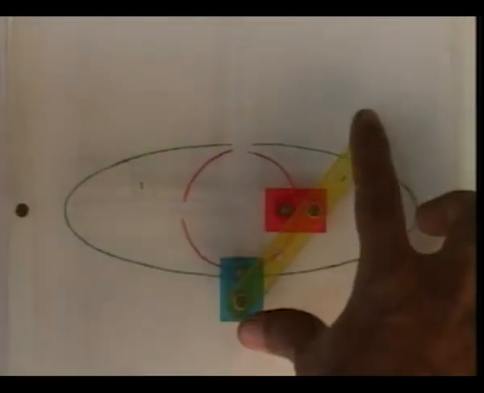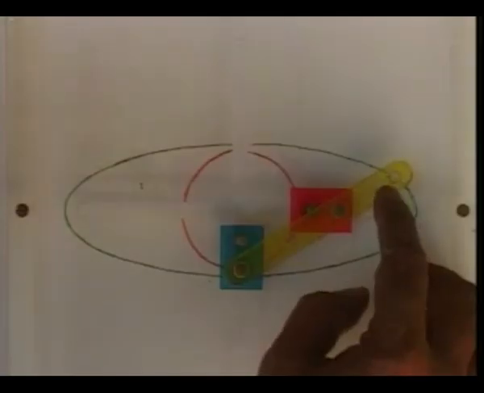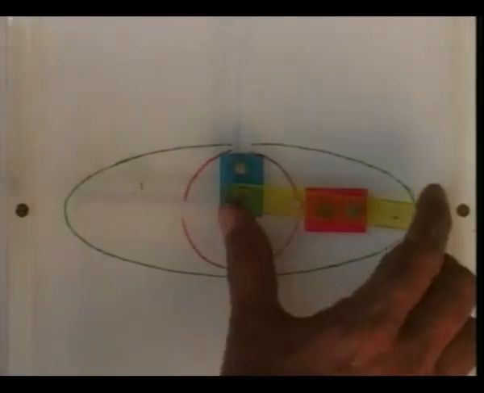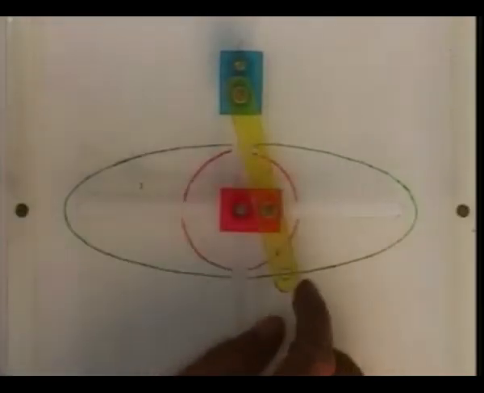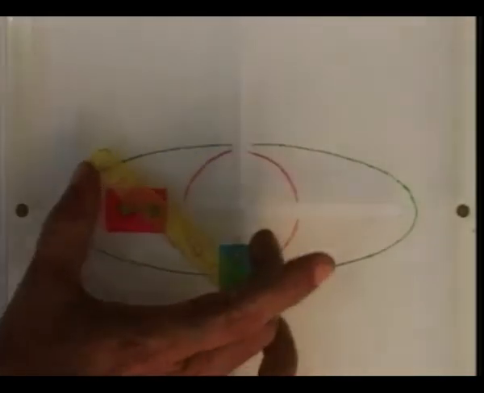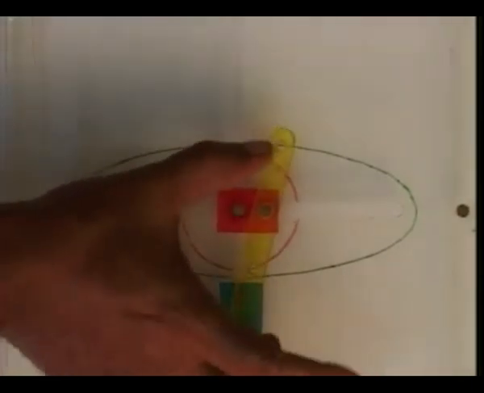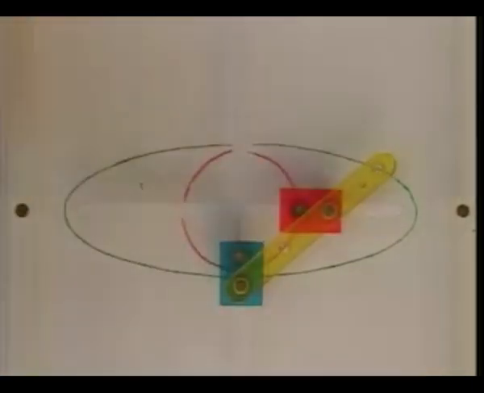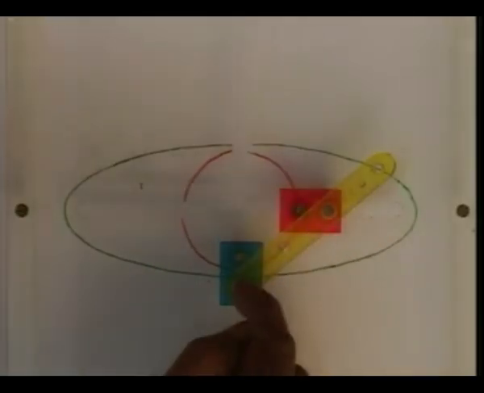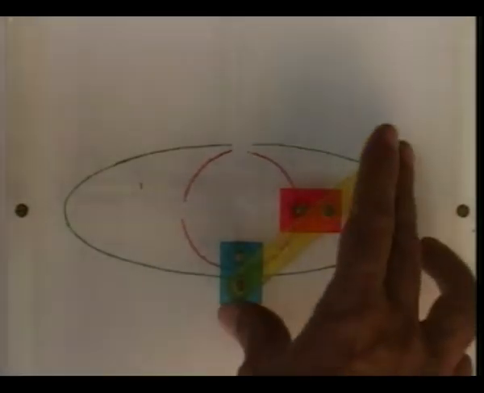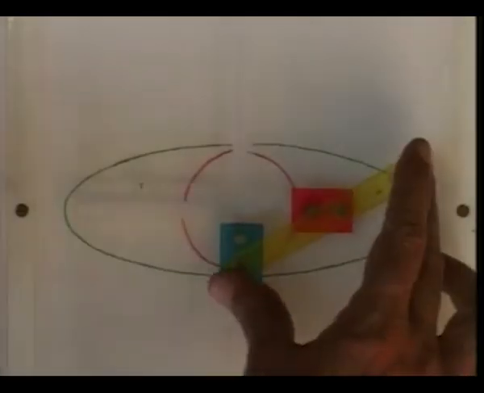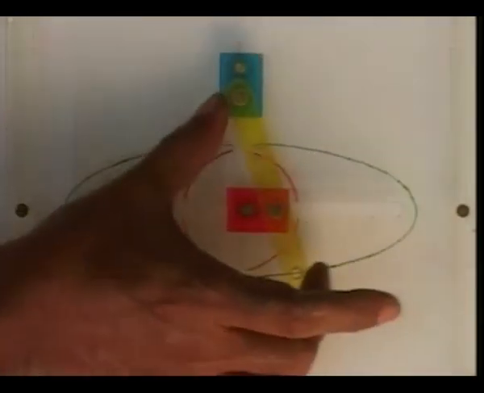Now if we move this rod, this particular point of this rod generates the ellipse which has been drawn with the green line. Now if we consider the midpoint of these 2 revolute pairs, then as this rod moves, this particular midpoint generates this red circle as mentioned earlier.